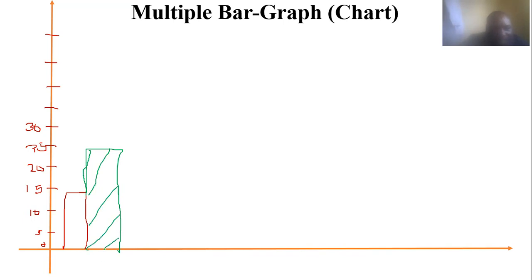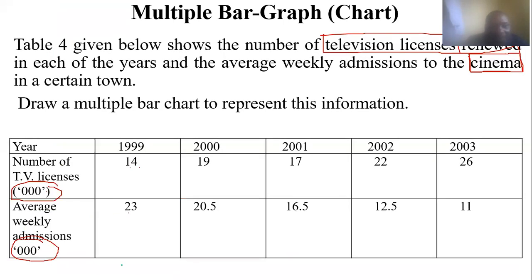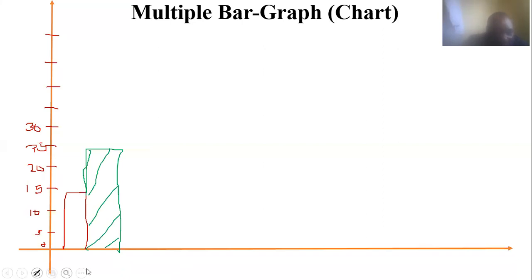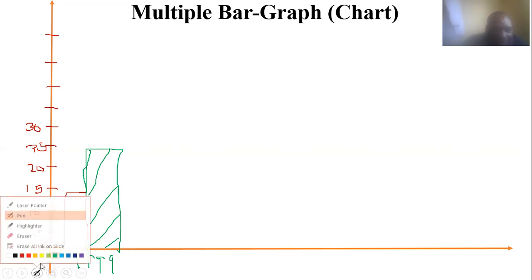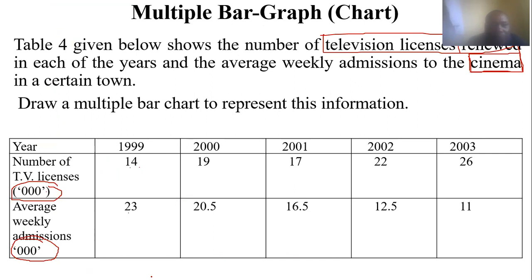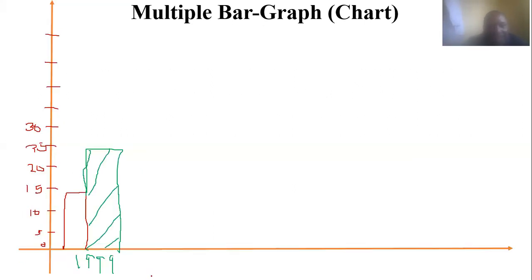This is categorical data. Which year is this? This is 1999. Then we move on again. I take my pen again, a red one, and we go to the next year, which is 2000. We had 19, so 19 is somewhere there.